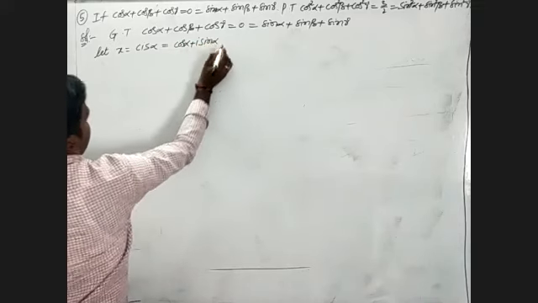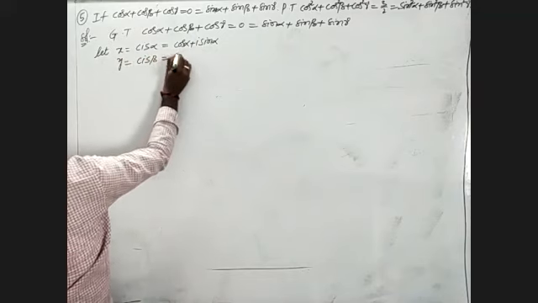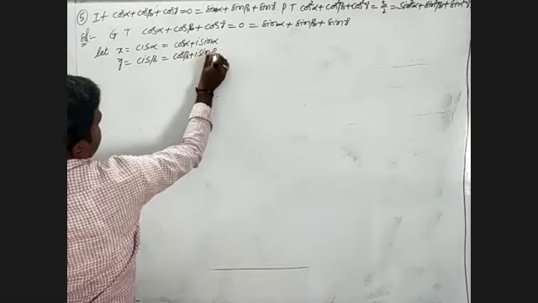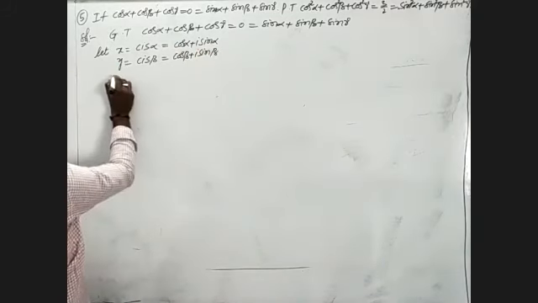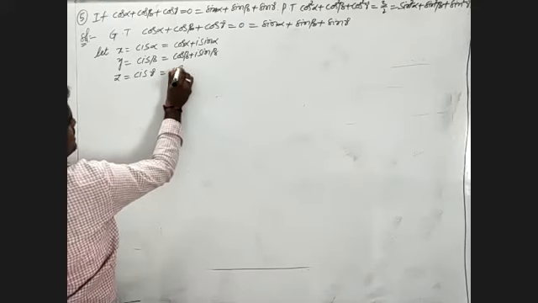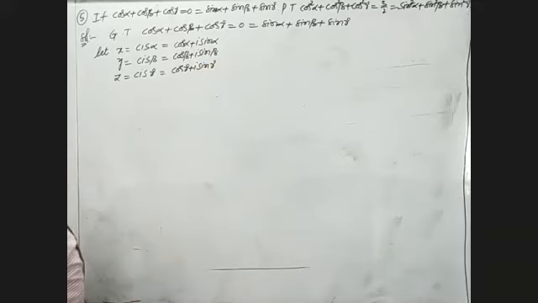Again we take y is equal to cis beta, which is cos beta plus i sin beta. Again we take z is equal to cis gamma, which is cos gamma plus i sin gamma.